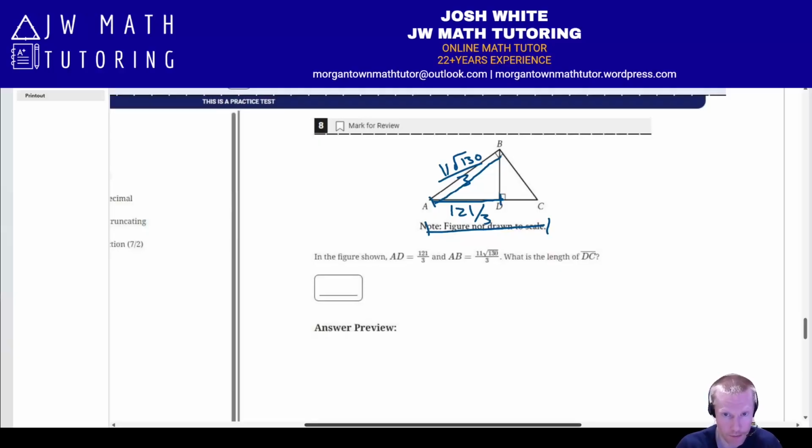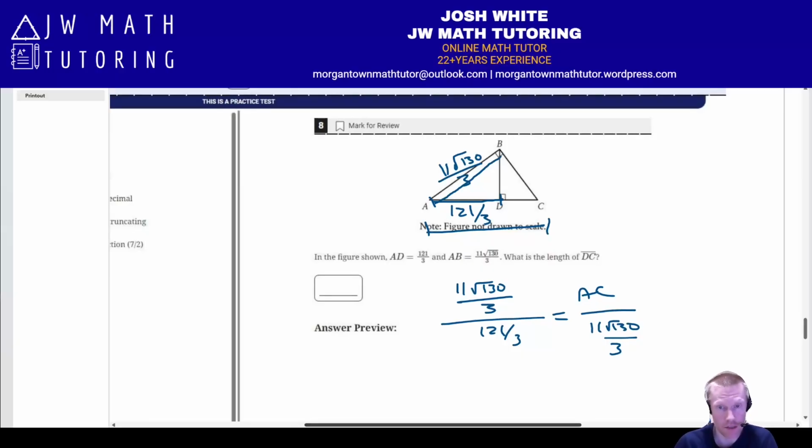So what that means is if you set up a proportion, it's 11 root 130 over 3 over 121 over 3 is equal to AC, the entire hypotenuse, over 11 root 130 over 3. Basically, the side that is the geometric mean is what gets multiplied by itself, what gets squared.